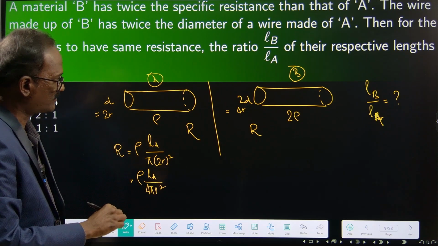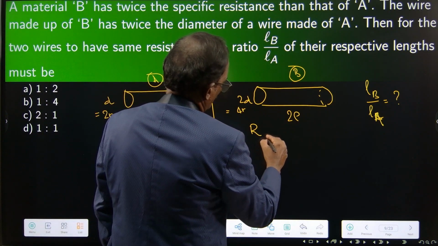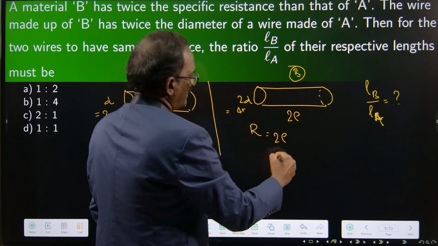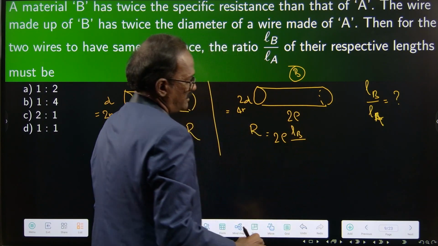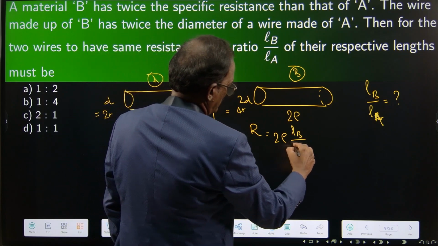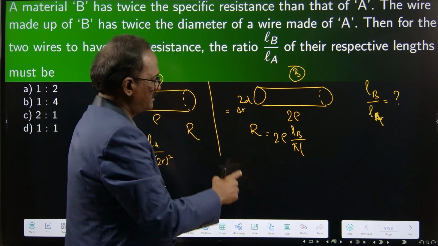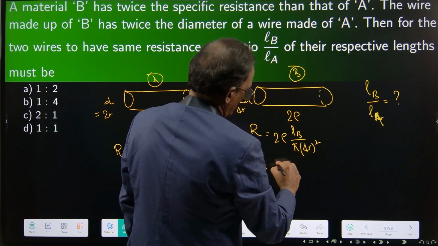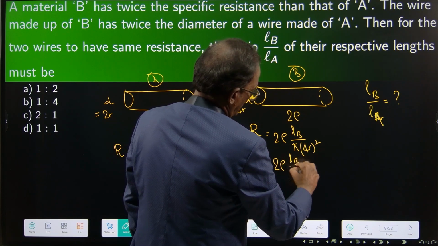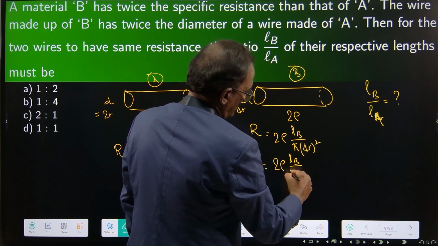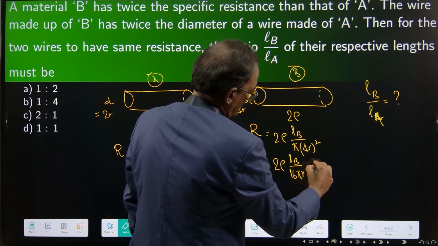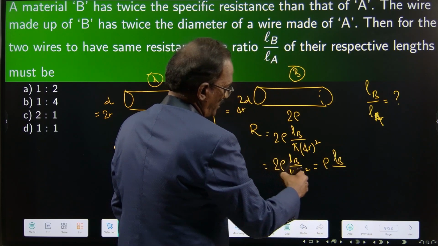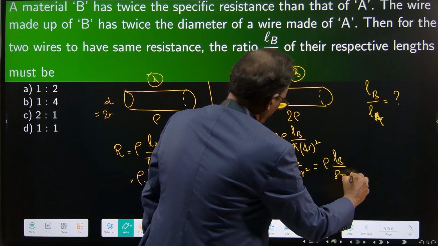Here for B, rho value is 2 rho, LB upon area pi into 4R square. This will be 2 rho LB upon 16 pi R square, which is equal to rho LB upon 8 pi R square.